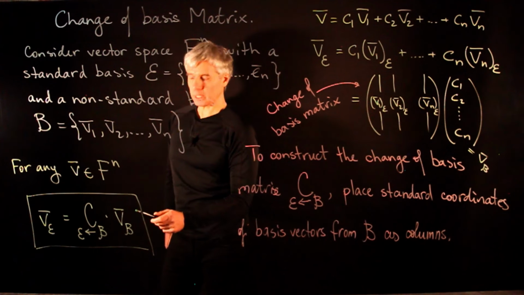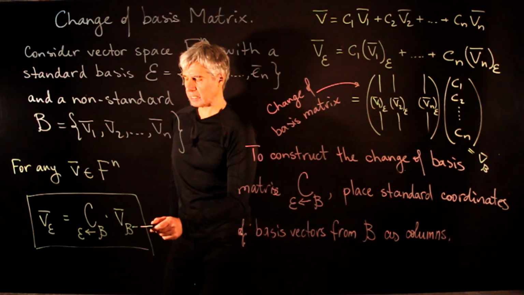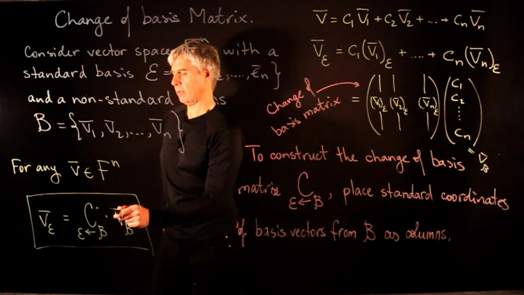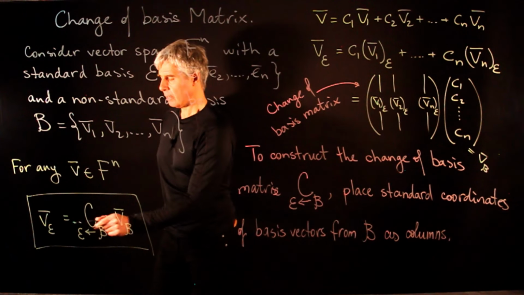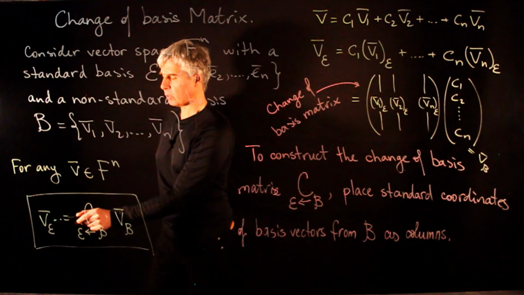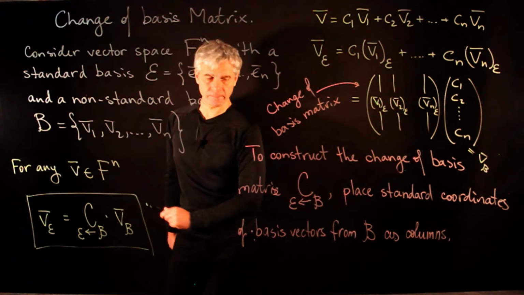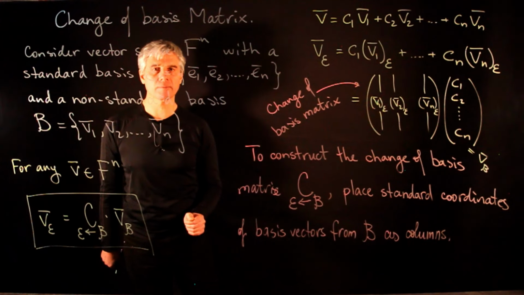So if we take the coordinates of a vector v with respect to basis B and multiply by a change of basis matrix going from B to E, the result is the coordinates with respect to E of the vector v. And here we have a rule for constructing this change of basis matrix.